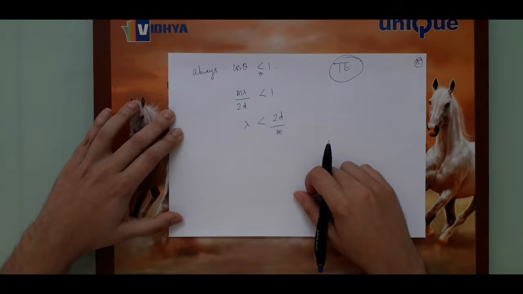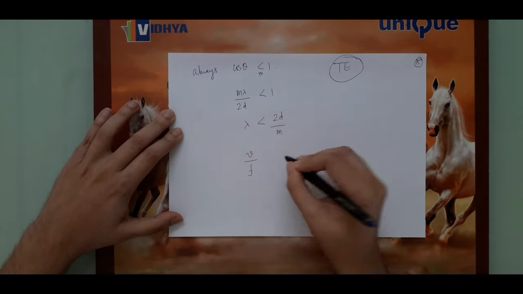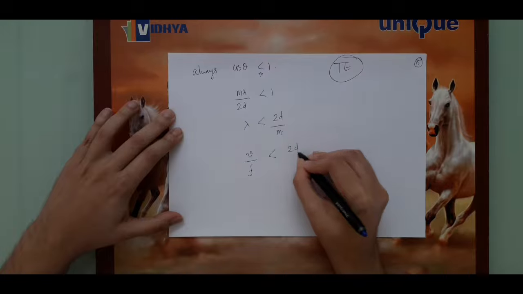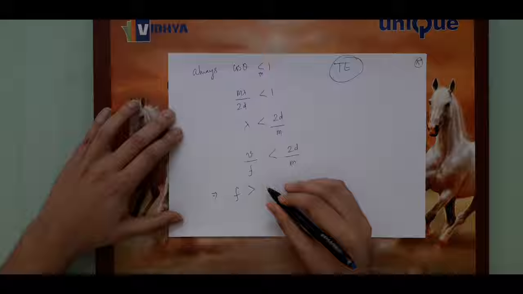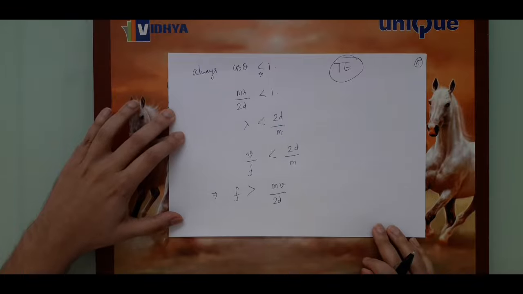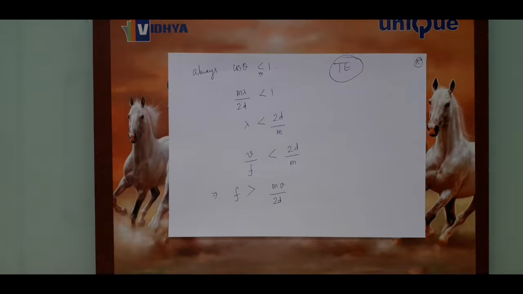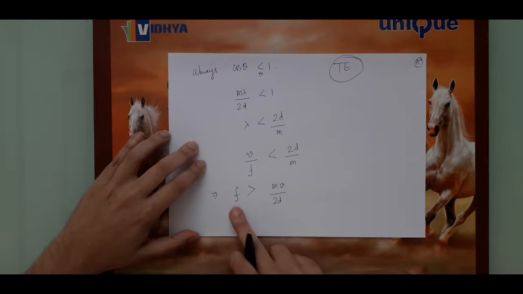So I can say that lambda is nothing but velocity by frequency. This should be less than 2d by m. So that means my frequency should be more than mv by 2d. That means now if I have control over the frequency of the wave, I should always ensure that the frequency of the wave is more than this value.